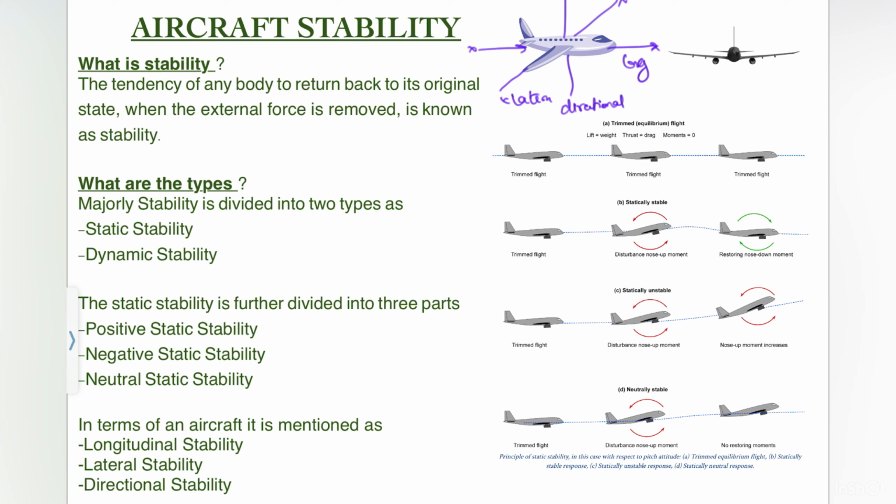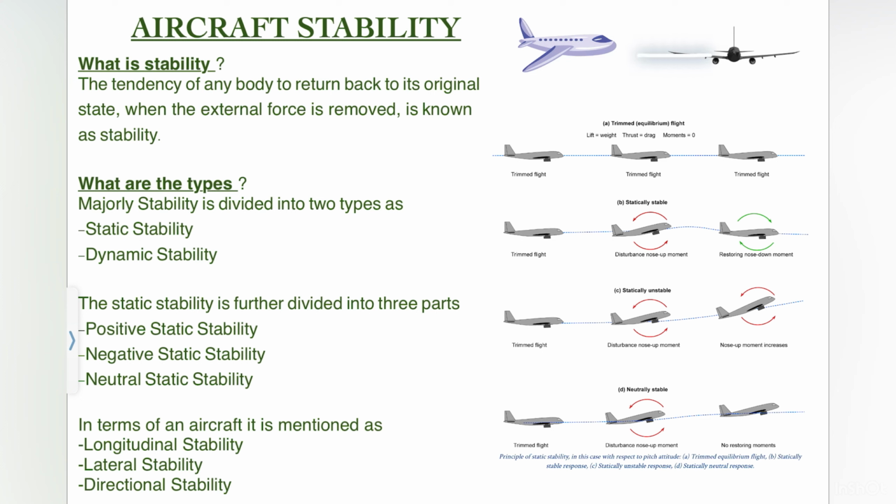I hope you've understood the axes first. If the aircraft is showing a positive longitudinal stability, that means the same example: the aircraft is going up, coming down across the lateral axis. If the aircraft is showing stability, whether positive, negative or neutral, in the longitudinal axis, it's known as longitudinal stability.